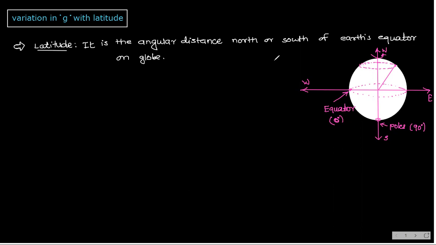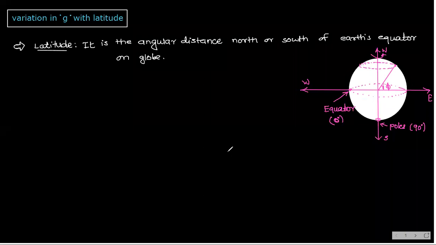So this is the angular distance north or south of Earth. Here I can denote it with phi. Even at this point also and at this also.